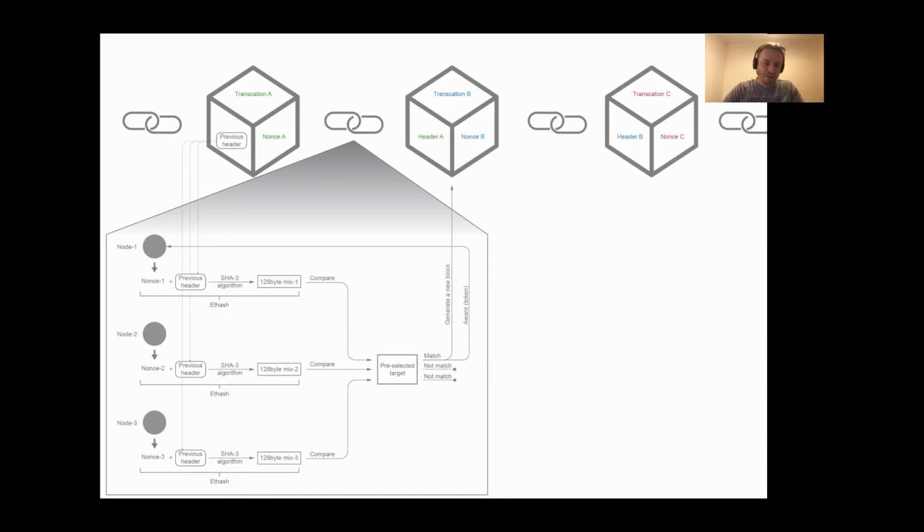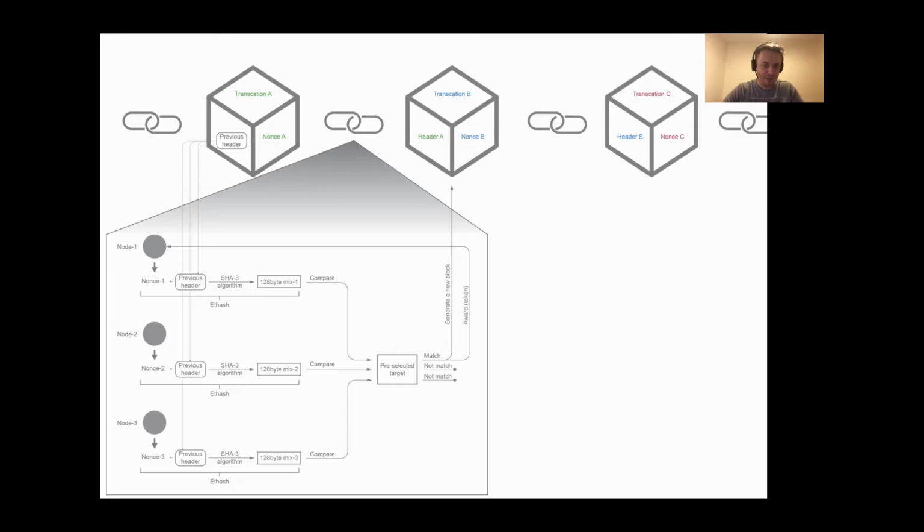And here's a diagram of how a proof of work mechanism works. You see here on top a representation of a blockchain, and in the smaller diagram you see 3 mining nodes competing for verifying the next block.